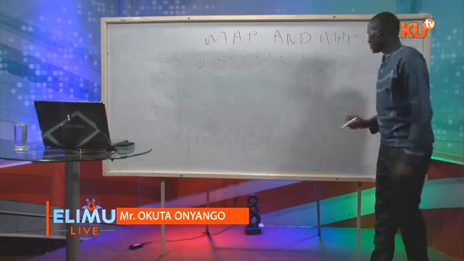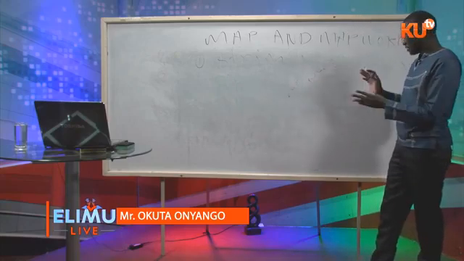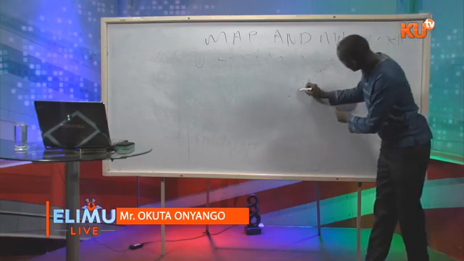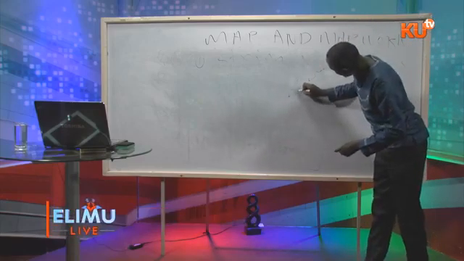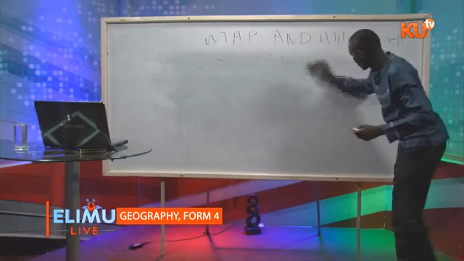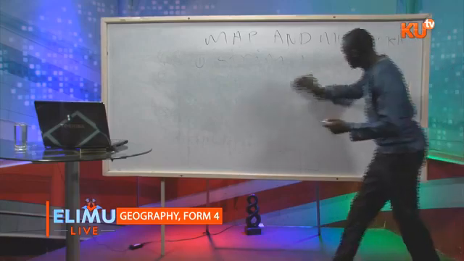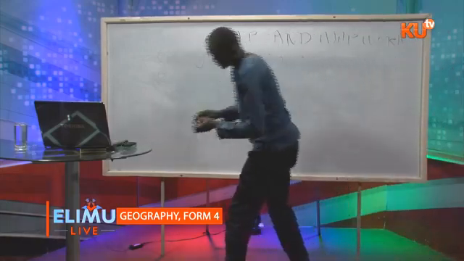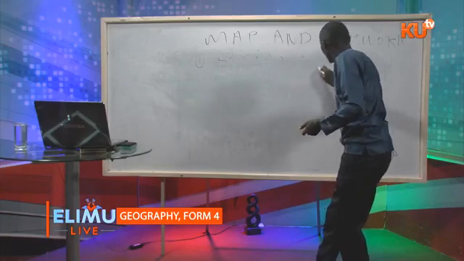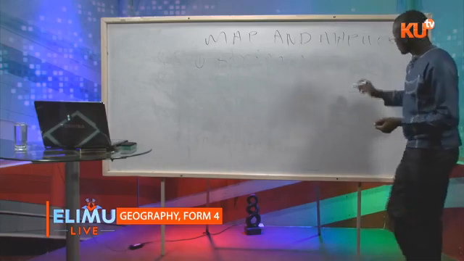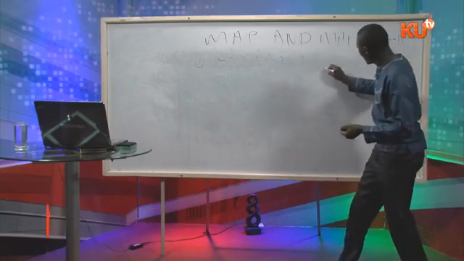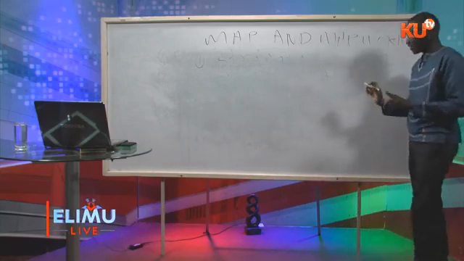So if this road is not straight, and we suppose they are close to each other, then you take a string. Let me show you clearly. When you have point A, you want to measure point A to point B, and you have a string.